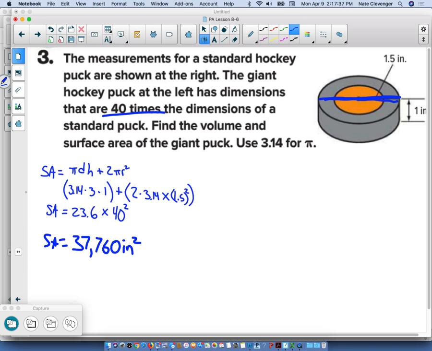Okay, what's the next part of the problem? Volume. This is the easier one. I saved the easier one for later. Volume of a cylinder is pi r squared h.